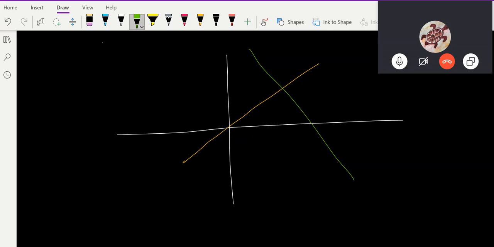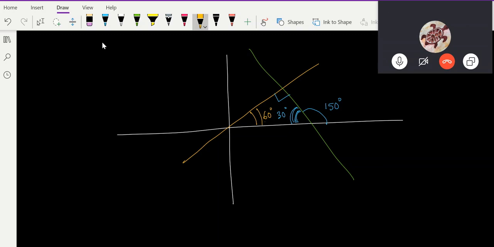So in that case, if this angle is 150 degree, what would be this angle? It would be 30. Right? And what would be this angle? That would be 60.